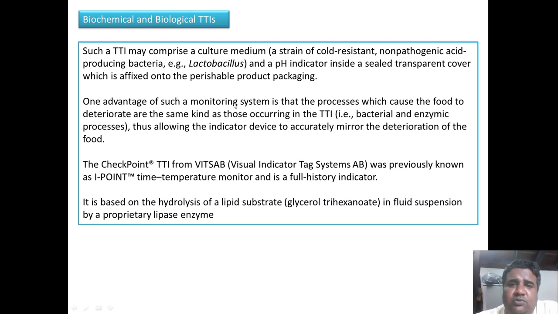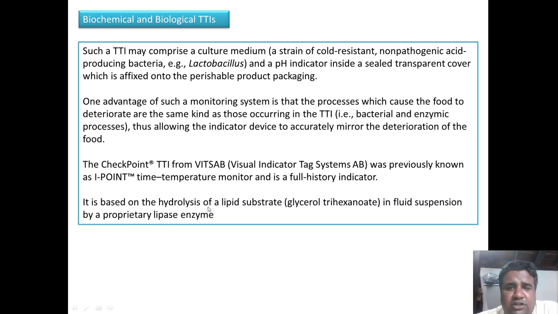One advantage of such a monitoring system is that the processes which cause the food to deteriorate are the same kind as those occurring in the TTI, as I said earlier, thus allowing the indicator device to accurately mirror the deterioration of the food. The CheckPoint TTI is an example. It is a visual indicator tag system, previously known as the I-Point time temperature monitor, and is a full history indicator.